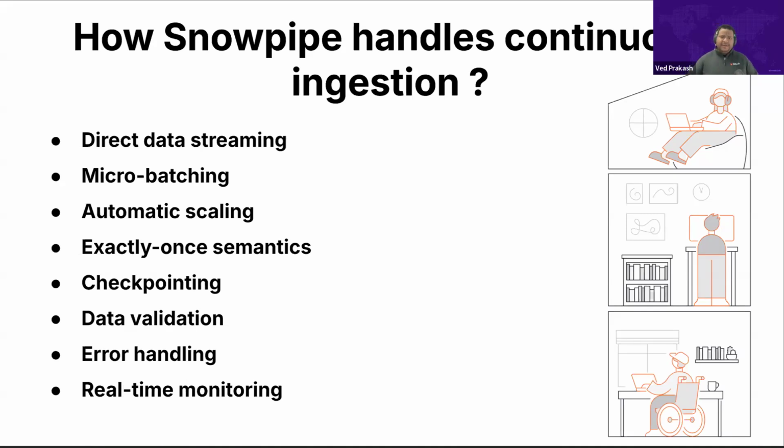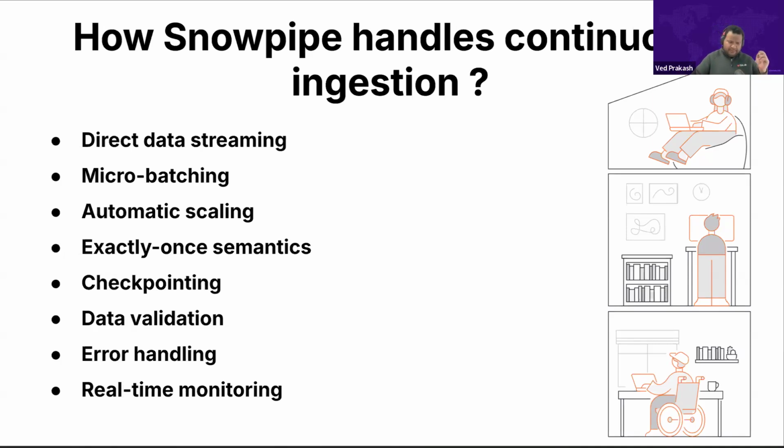Data validation performs schema validation and type checking on incoming data. So that's also one of the things Snowpipe handles. Error handling manages and logs any ingestion errors for troubleshooting. It does not have a top-class logging mechanism, but it has a decent, humble logging mechanism. Real-time monitoring provides metrics and alerts for ingestion, performance and health.